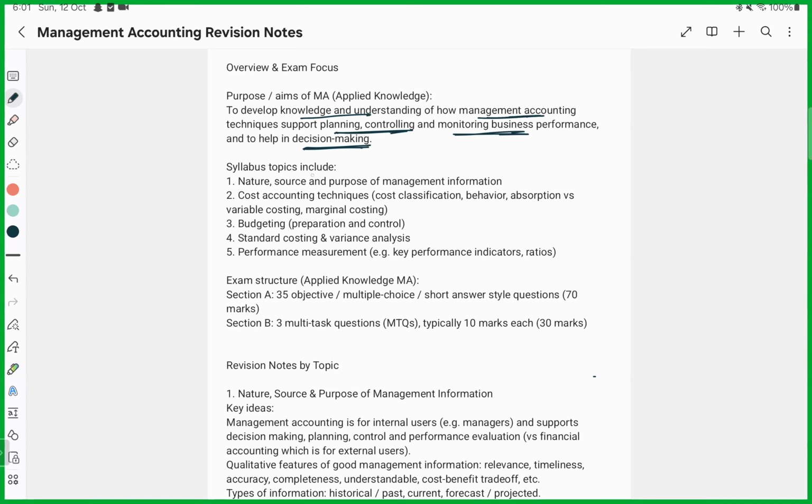What does the management accounting syllabus include? It includes the nature, source, and purpose of management information. What are the different cost accounting techniques, whether it's variable costing, marginal costing, or absorption costing?